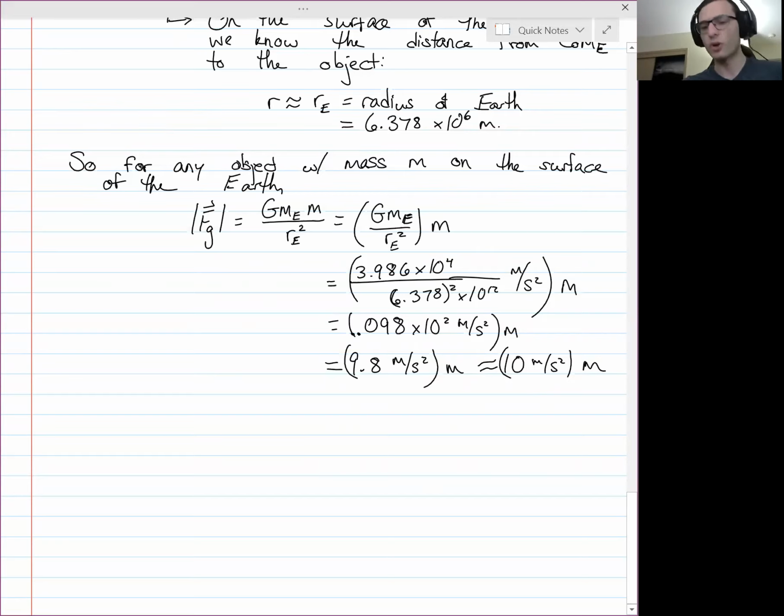And you might say, of course they do, because if gravitational force is mg and force is equal to ma, then you can just cancel the m's, and therefore the gravitational acceleration is always the same regardless of the mass. But this statement, that mg equals ma, didn't have to be true, right?